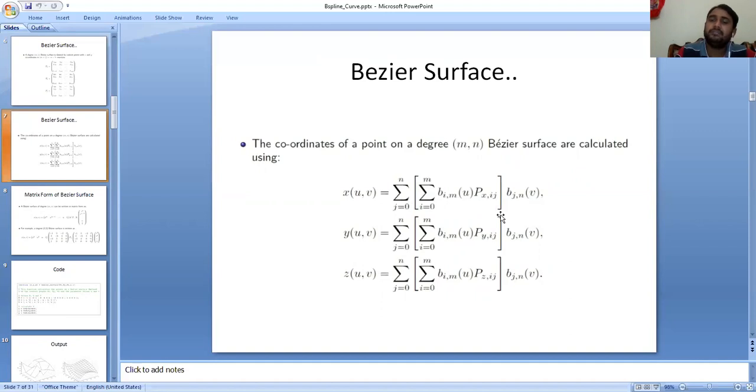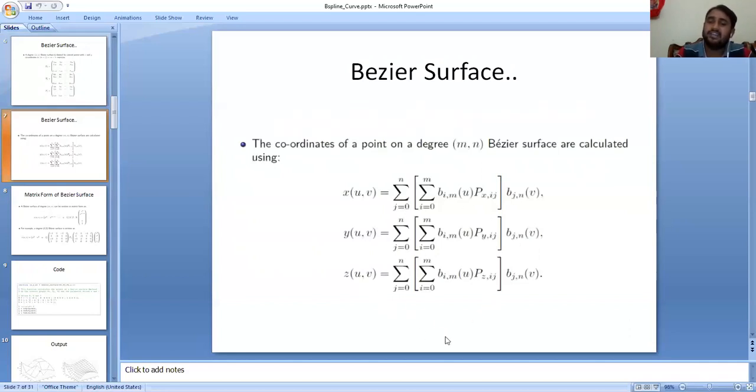And when we multiply this curve by this factor, we get the Bezier curve in both directions. So this total term defines the Bezier surface in both directions x and y. The same thing applies to the y point: this is the Bezier curve in 1 direction and this is the Bezier curve in both directions.